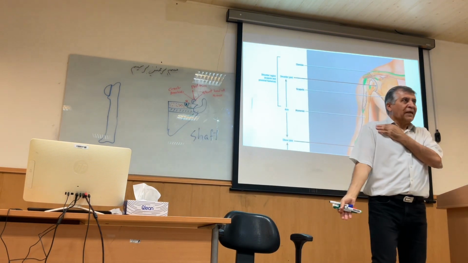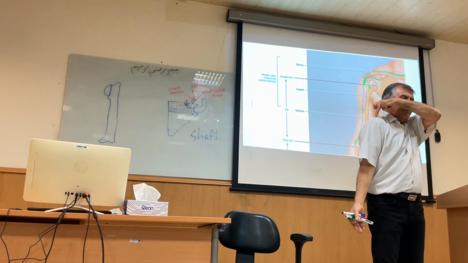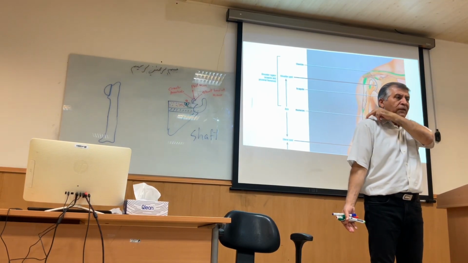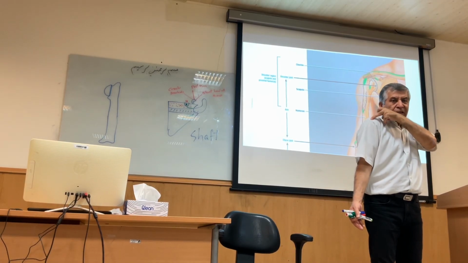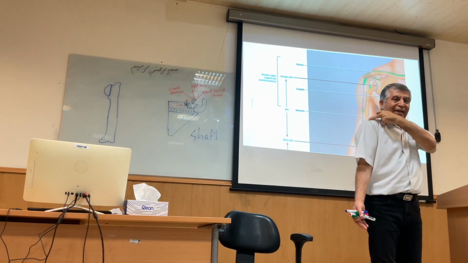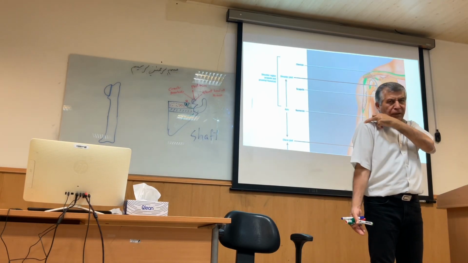In anatomical position, the tip of the shoulder is formed by the acromion. Below it, you can touch the greater tubercle.